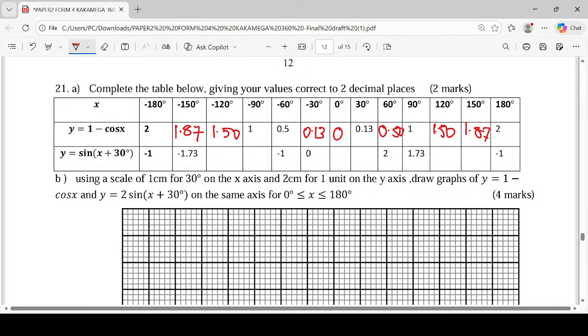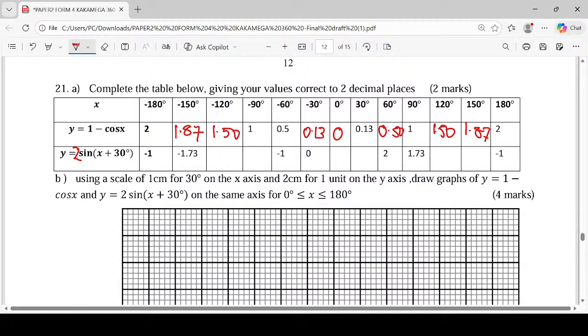Let's look at the next part here. y is equal to 2 sine x plus 30. When you look at it, it is wrongly written. There is an omission of a 2 here. There was a typo error. So that should be 2 times the sine of x plus 30, which at negative 180 is negative 1.